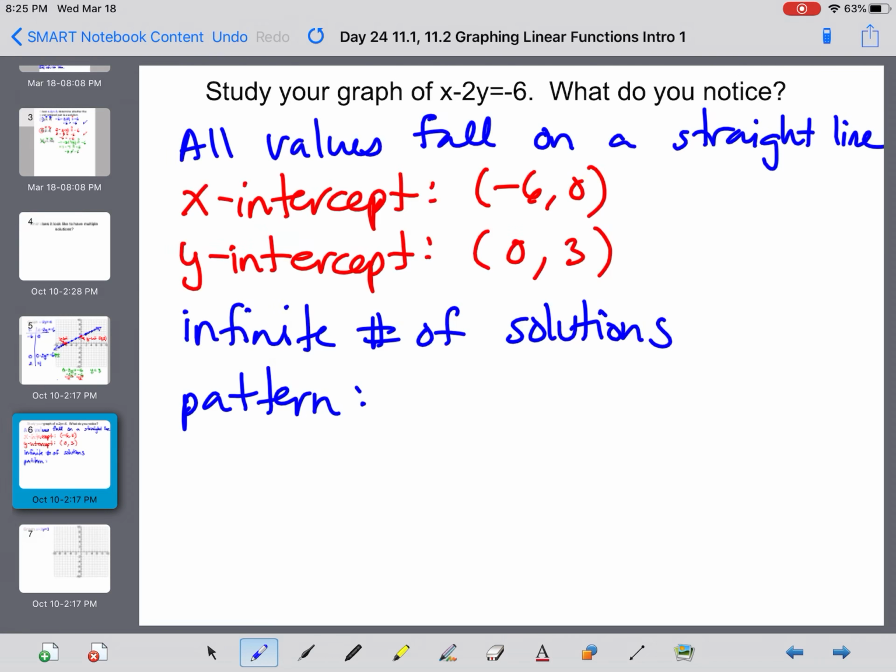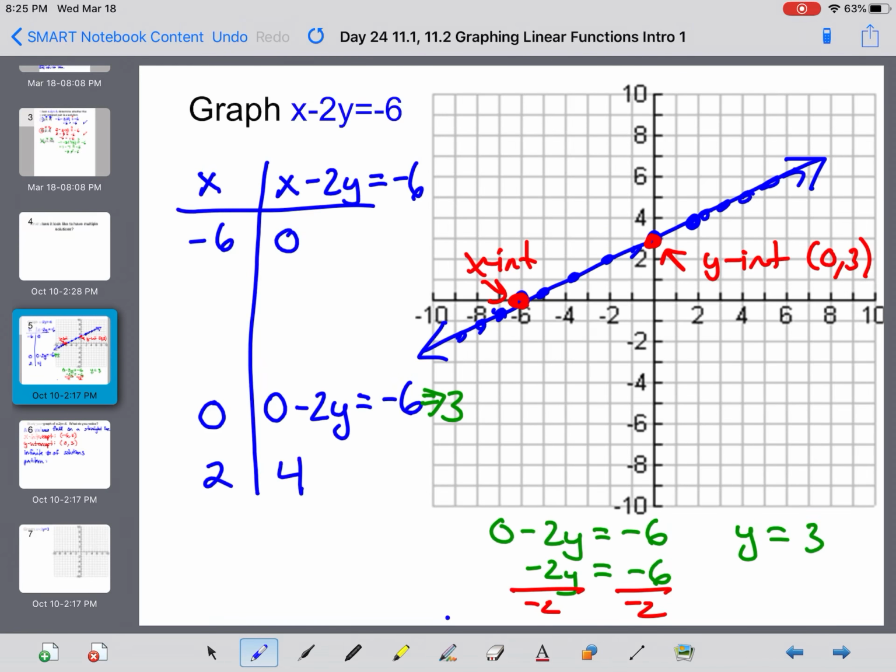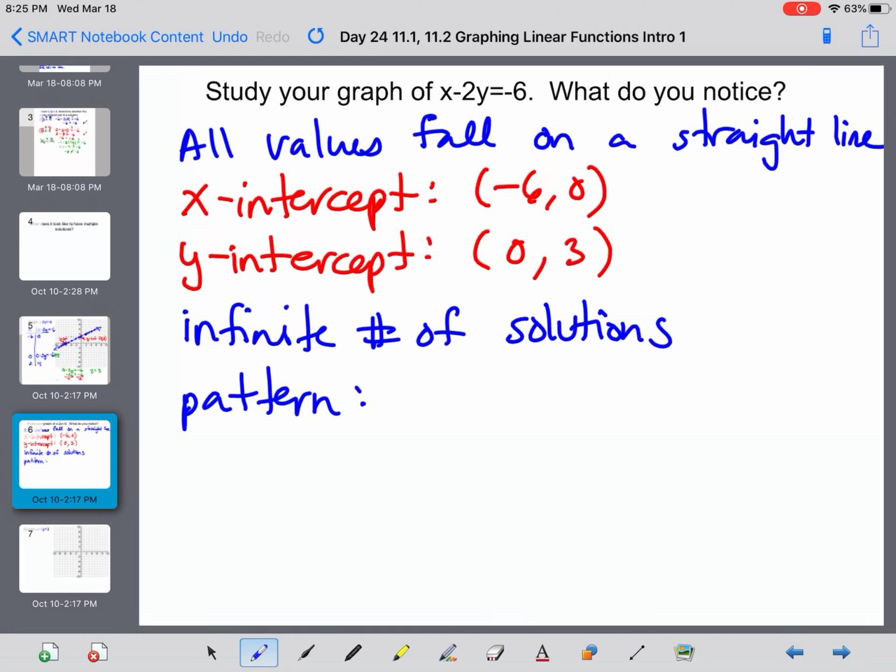If I'm looking between the points that I plotted, if we started over here with -6, and then went over here to 0, 3, notice I went up 3, and then over 1, 2, 3, 4, 5, 6. That's my pattern. So I went up 3, and I went right 6.